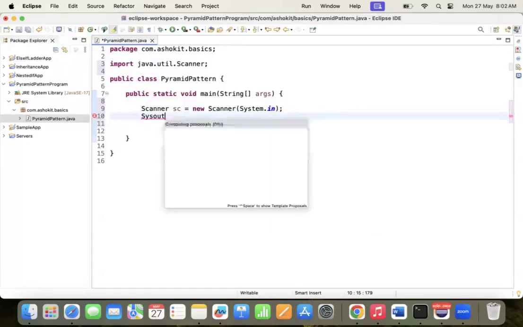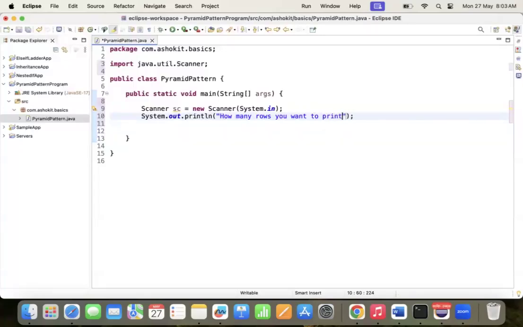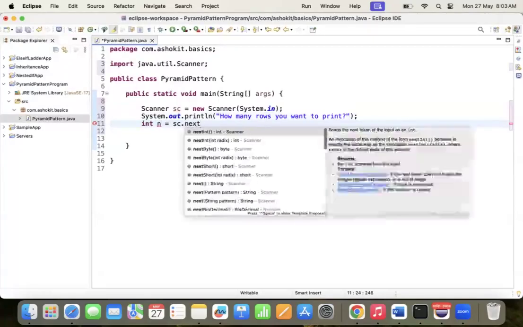System.out.println: please enter how many rows you want to print. And then we will take the value into the n variable, so obviously int n is equal to sc.nextInt.